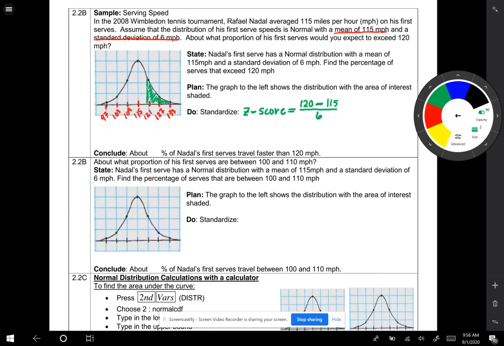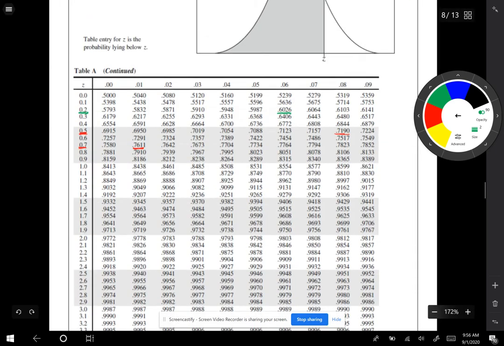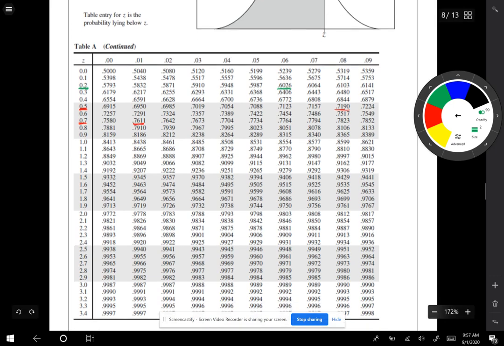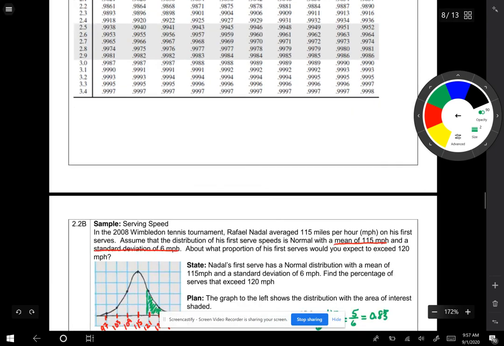So if you do the math, that equals 5/6, which is 0.83, where the 3 is repeating. So now look at your table and find the area corresponding to 0.83. So here's 0.8. It'd be 0.7967.